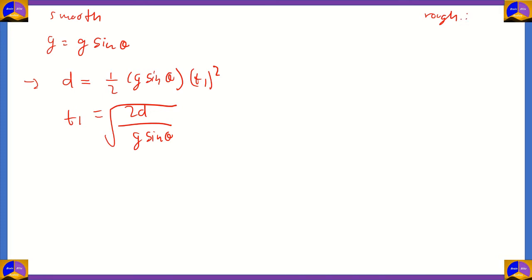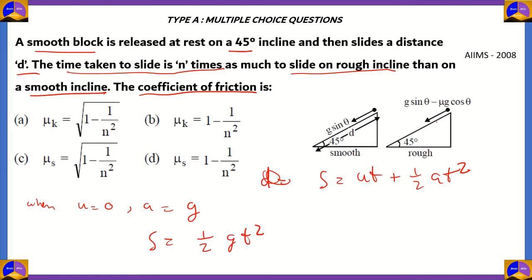Next, if we look at the rough plane, because of friction between the block and the plane, there is an opposing force to the acceleration, to the force that is exerted by gravity. So there is an opposing acceleration in this case. On taking the normal and mg, you will get a retarding force of mu times mg cos theta.